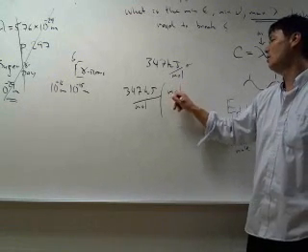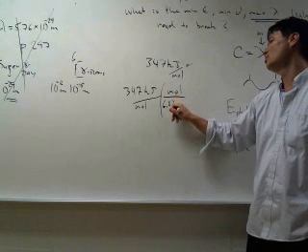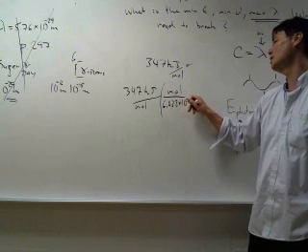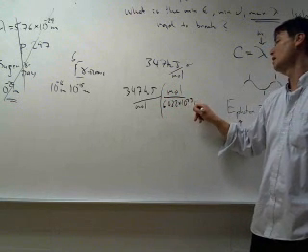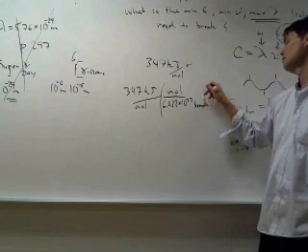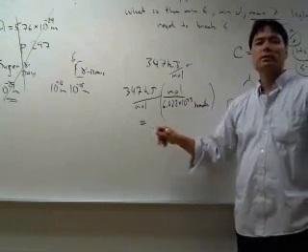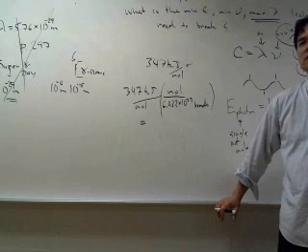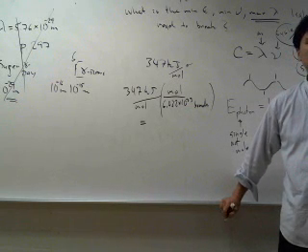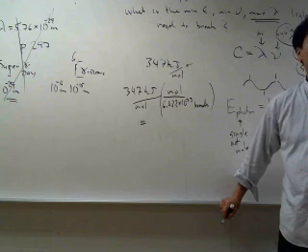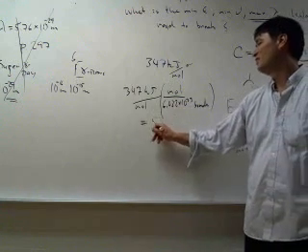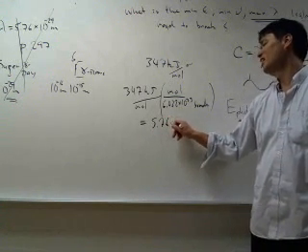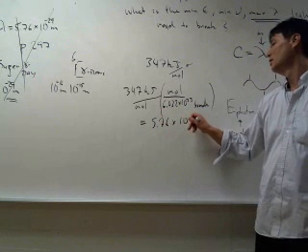Well, a mole of bonds consists of 6.022 times 10 to the 23rd bonds. So 347 divided by 6.022 times 10 to the 23rd comes out to 5.76 times 10 to the negative 22.